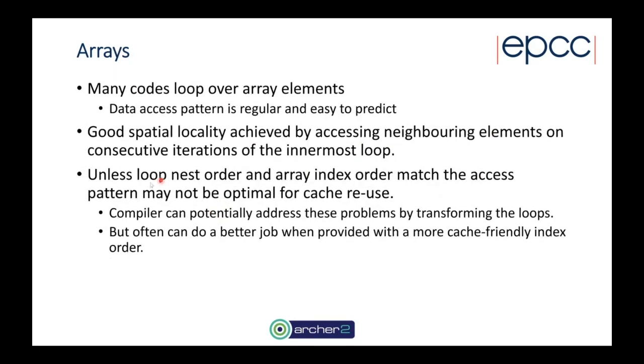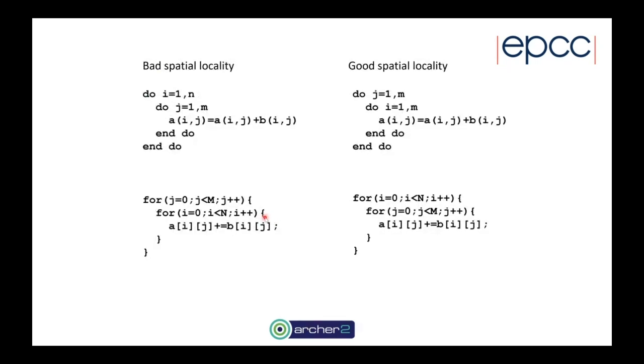What we're looking to do here is make sure that our access order matches the pattern which is optimal for cache reuse. So compilers will try and fix these problems by transforming loops if they notice you're doing things wrong here, but there's only so far a compiler can go. So what we want to do is give your code good spatial locality.